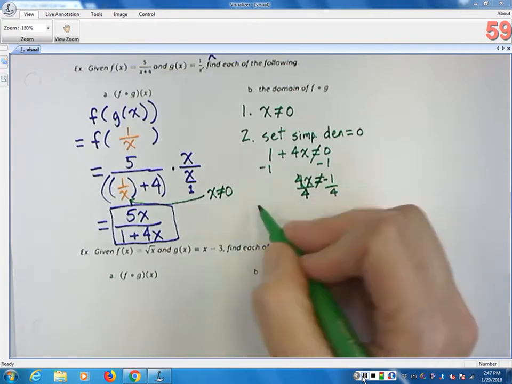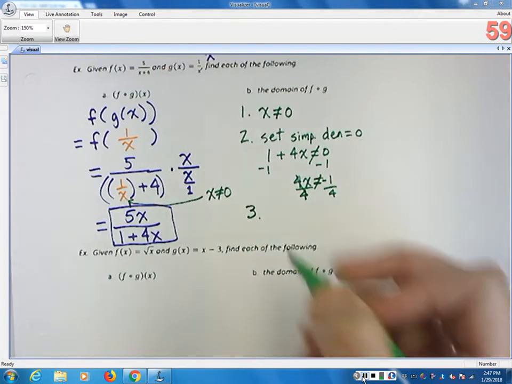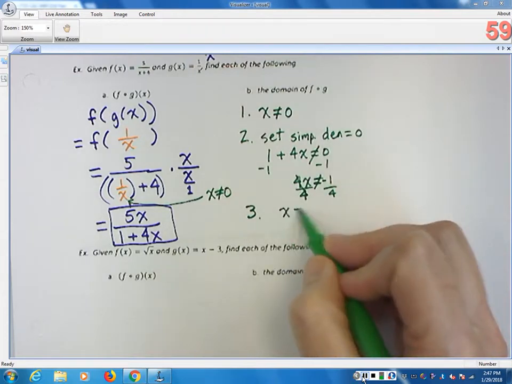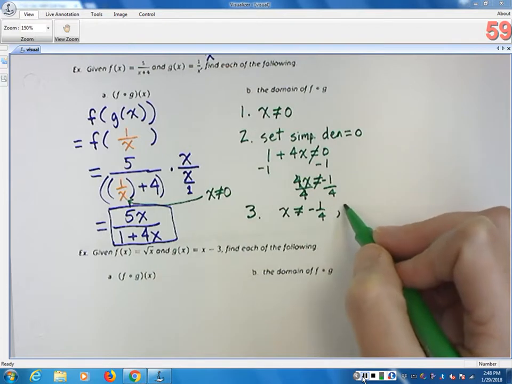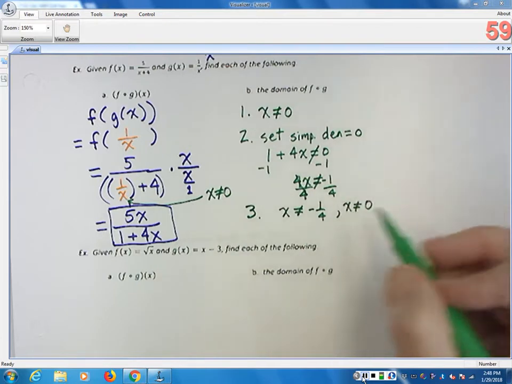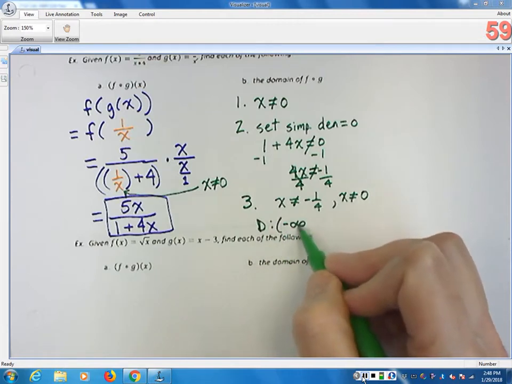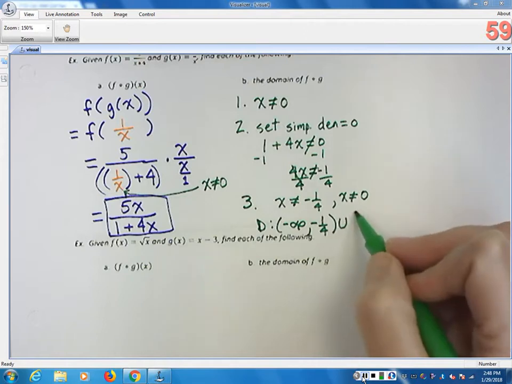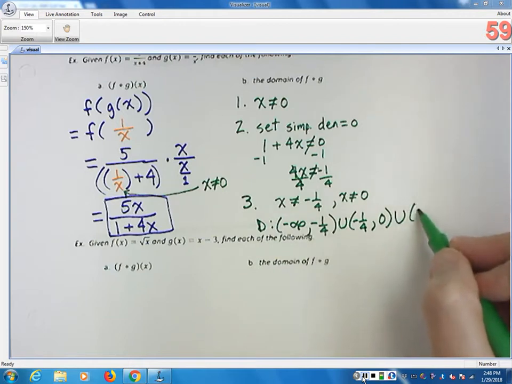Okay, so step 3 is actually, I'm doing it the shortcut way. We can't let x be negative a fourth, and x can't be 0. So if we write that in interval notation, it's negative infinity to negative a fourth, with a regular parenthesis to exclude negative a fourth, negative a fourth to 0, parenthesis, 0 to infinity.